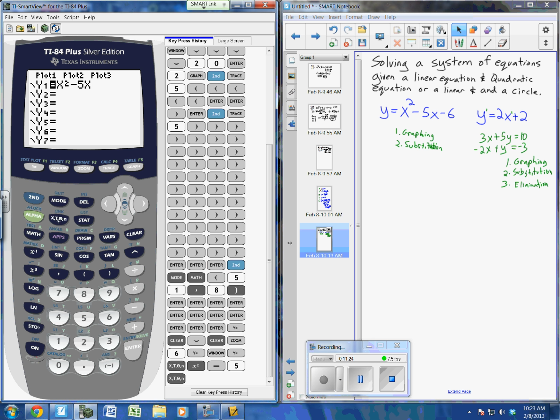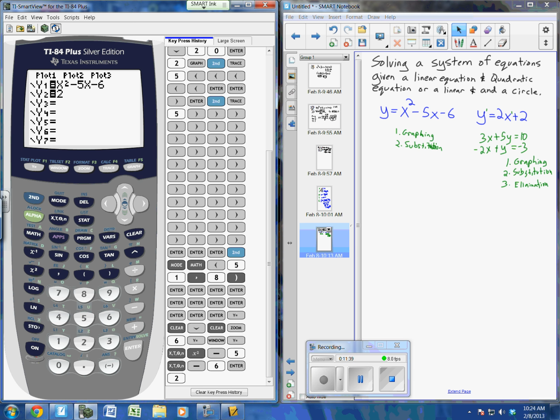There's some people who have never graphed before. Minus 6. Okay? Got it? Hit enter. Now type in 2x plus 2. The x button's right here again, you guys. Plus 2. Okay, now since we already hit zoom 6, we all have the same window. Everybody hit graph.